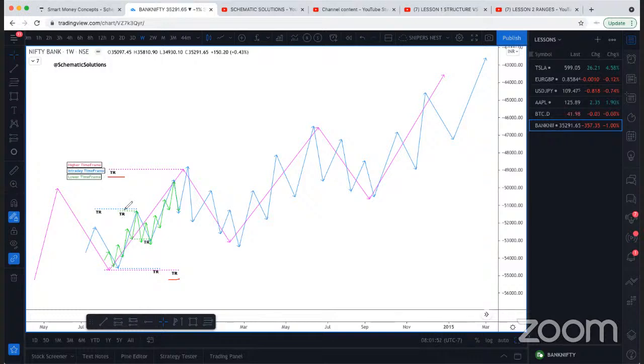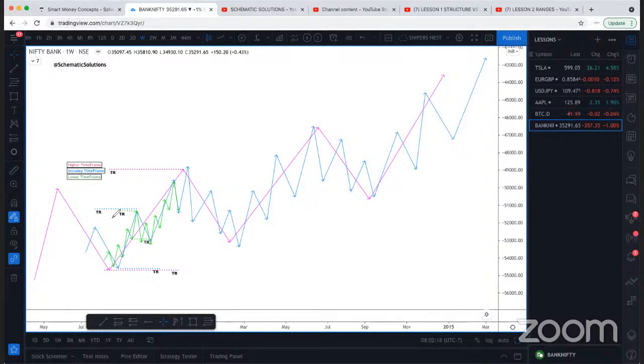At the time of being down here, our intraday trading range is: this is our high, this is our high before it, meaning this is the low maintaining. So this is the high of our trading range, this is the low of our trading range. So that's for our intraday.